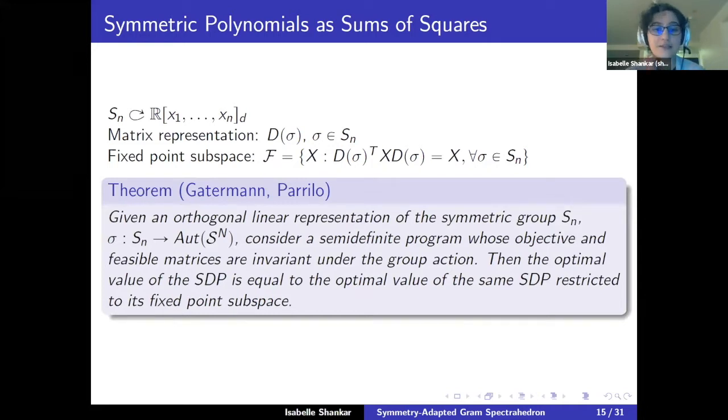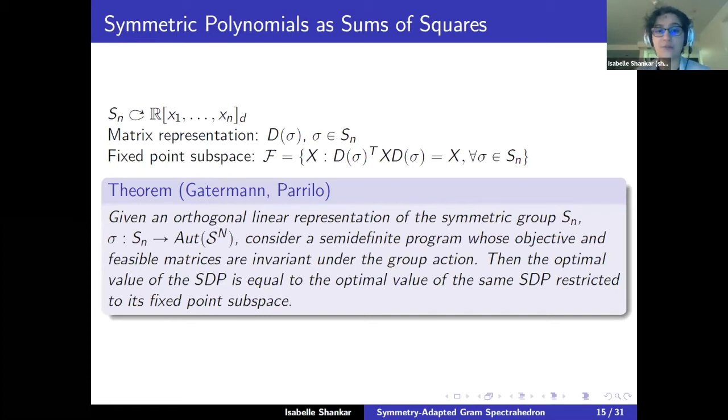If we optimize over the PSD cone restricted to the fixed point subspace, we will get a solution with the same optimal value as if we had optimized over the entire PSD cone. That's what this theorem by Gatermann and Parrilo says. In fact, I'm interested in symmetric polynomials in large part because of the symmetric polynomial inequalities I'll talk about at the end, but their theorem applies to all finite groups.